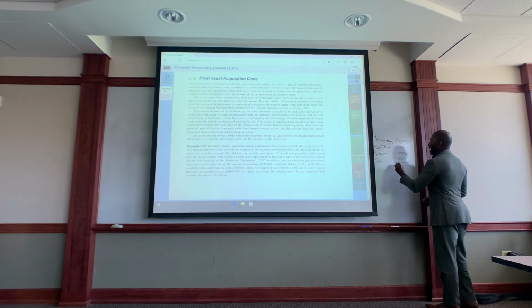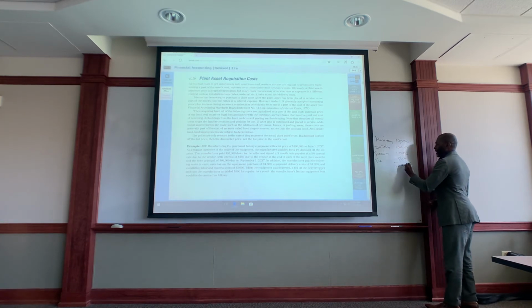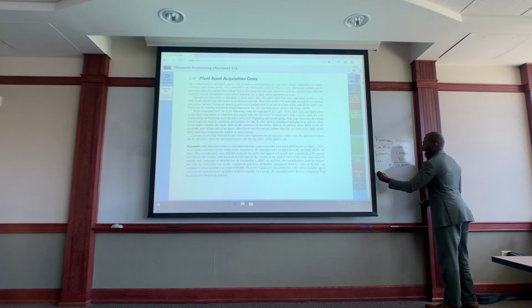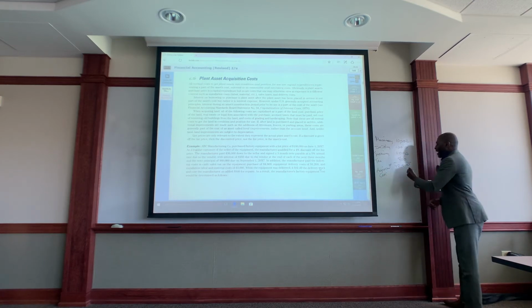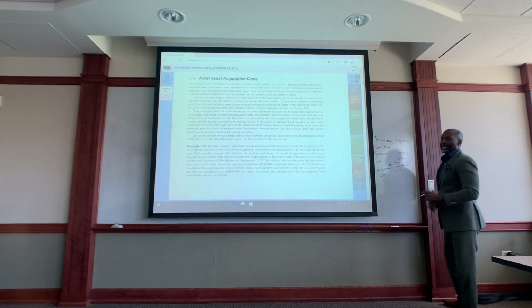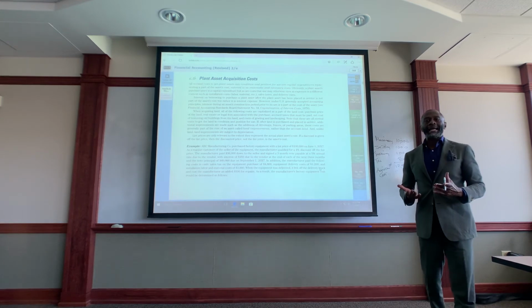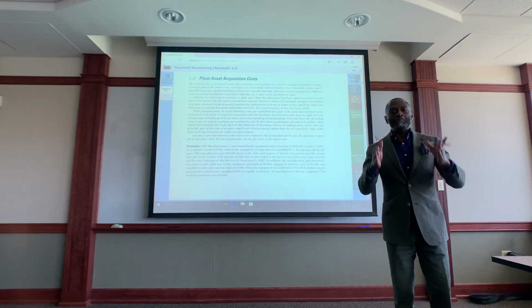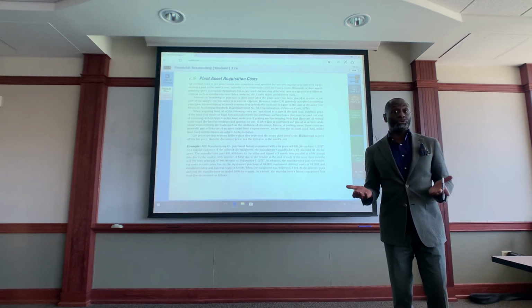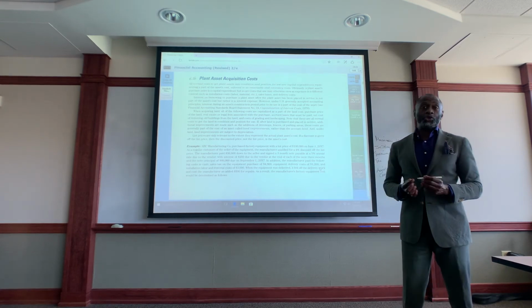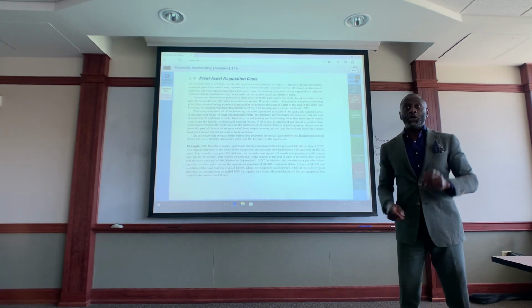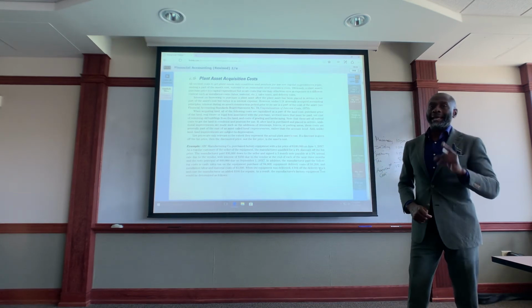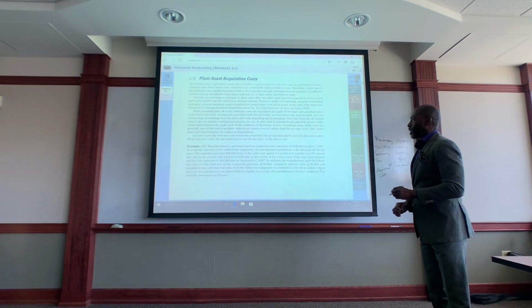That machine now costs me $12,800 as an acquisition cost. That acquisition cost is the cost of acquiring that asset and making it available to be used. All of the costs associated with putting that asset in place, getting it ready to be used, so all I got to do is click the button, is called an acquisition cost.